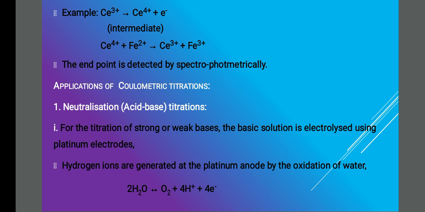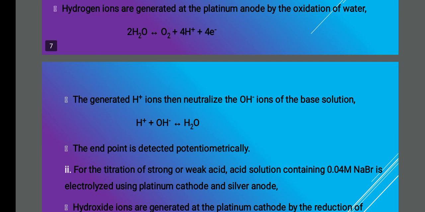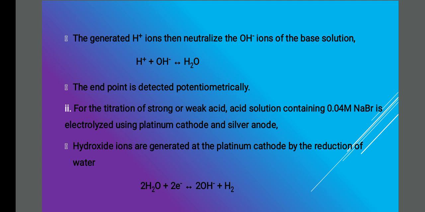I'll repeat the process once again. If you are going to estimate a strong base or a weak base, we need to take a basic solution and electrolyze it using a platinum electrode. Hydrogen ions are generated at the platinum anode by oxidation of water. So water reversibly gives you oxygen plus 4H+ plus 4 electrons. Now these H+ ions will be neutralized by the OH- ions in the base solution, because our solution is only a weak base or a strong base, so OH- ions will definitely be there.